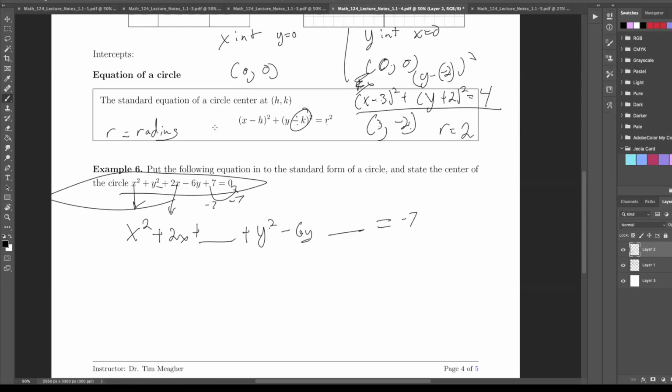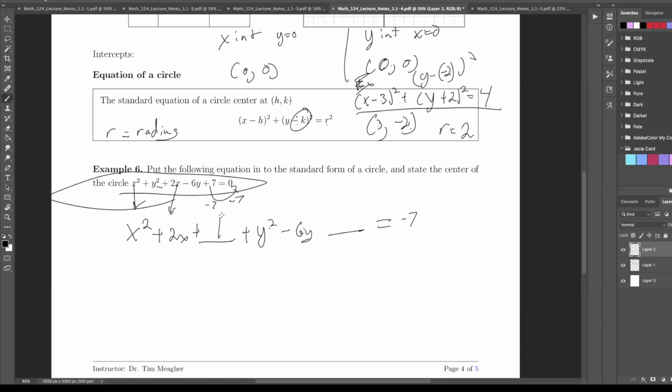In order to complete the square, you take half of this and square it. So half of this and square it would be 1. Half of negative 6 is negative 3.